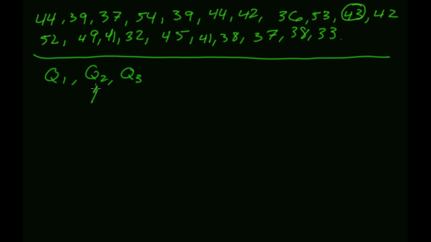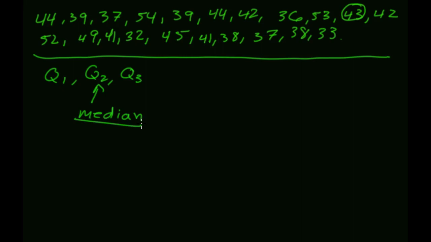It's important to note that Q2 is also the median of the data set because it breaks the data set into half. So Q2, the median, and the 50th percentile are all the same thing.